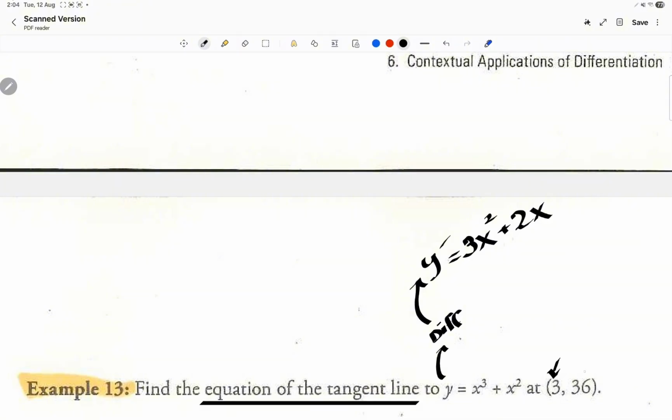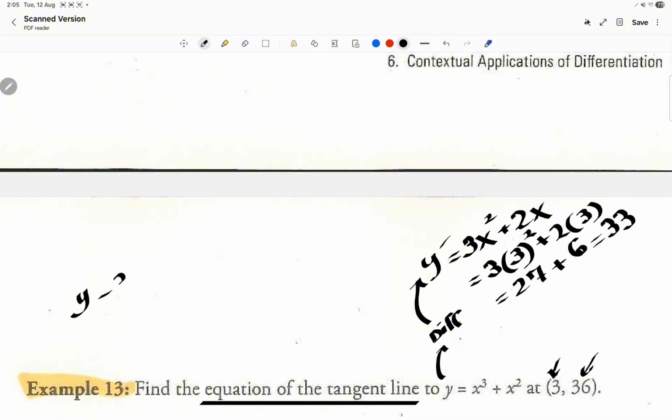That's the first x, x1, that's the y1. Replace the x with 3. So 3 times 3 squared, 27. 2 times 3, 6. 33 is your slope, because y prime is your slope.